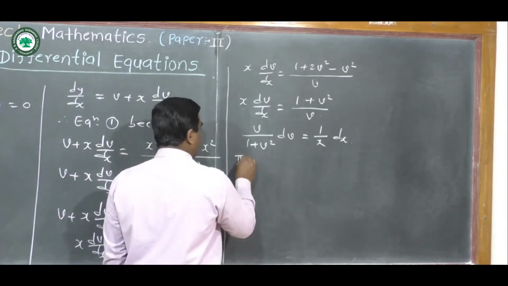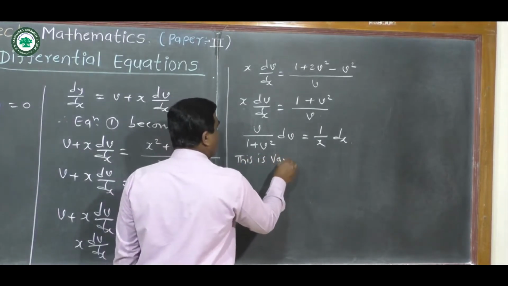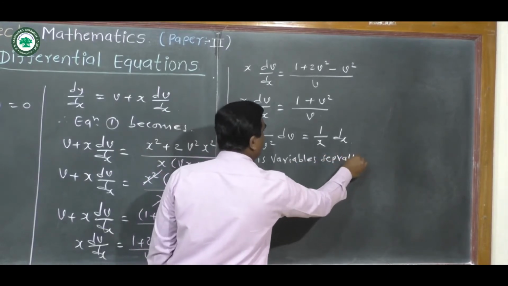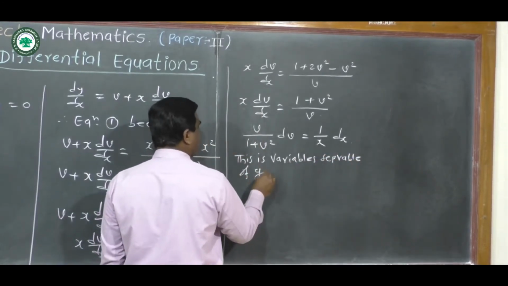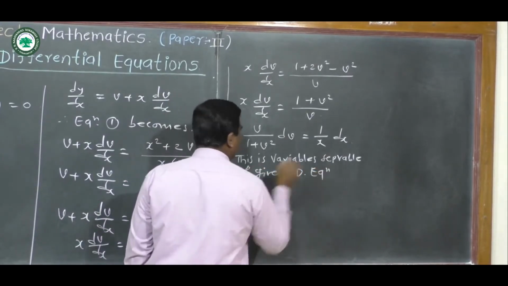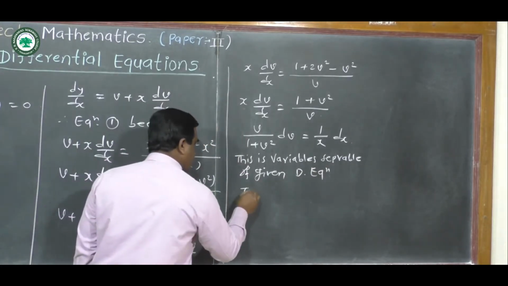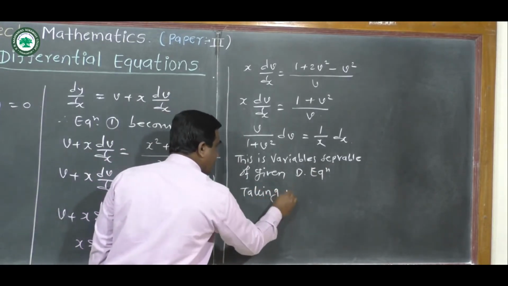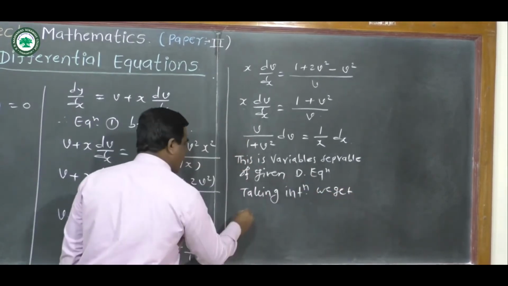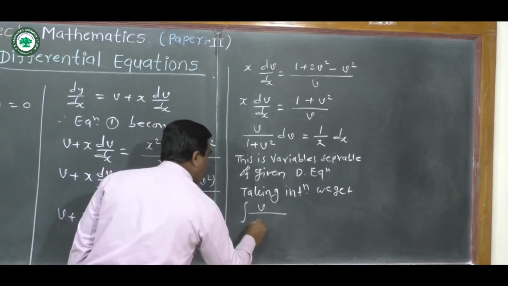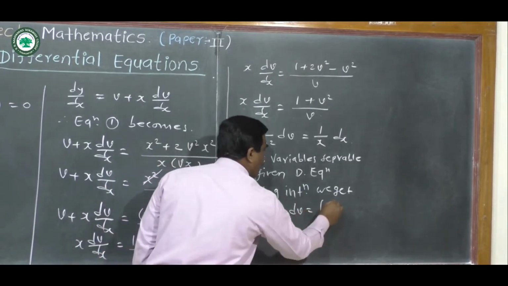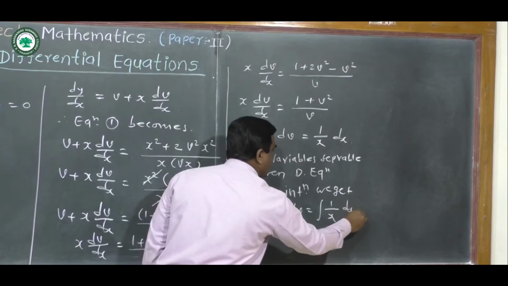This is the variables separable form of the given differential equation, taking integration on both sides. Taking integration, we get, that is, integral of v upon 1 plus v square into dv equal to integral of 1 upon x into dx.